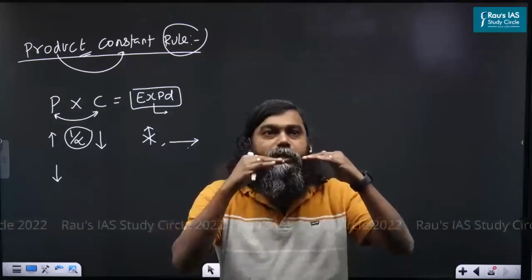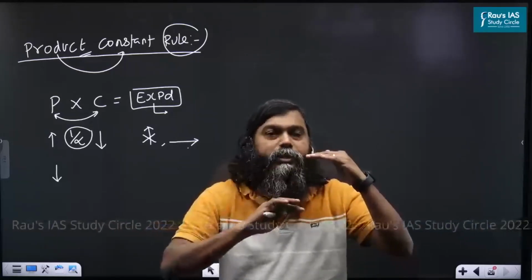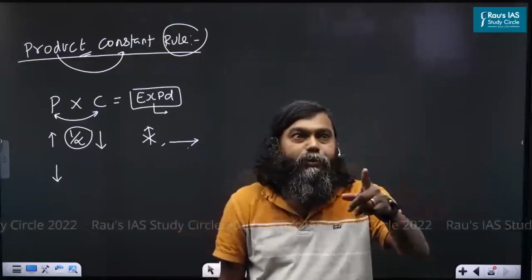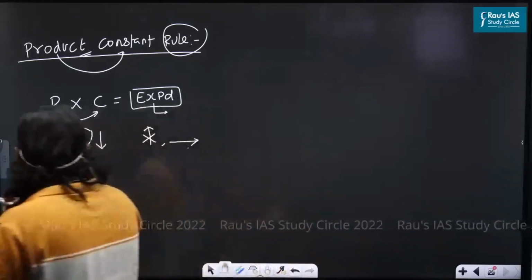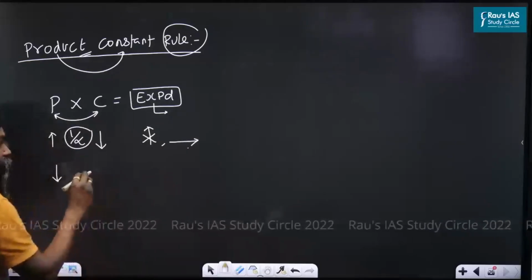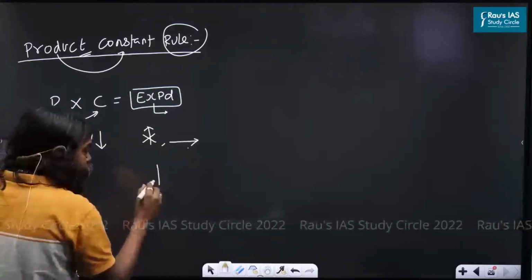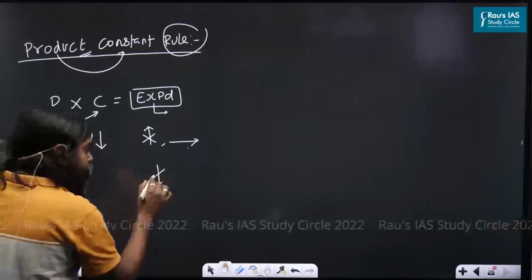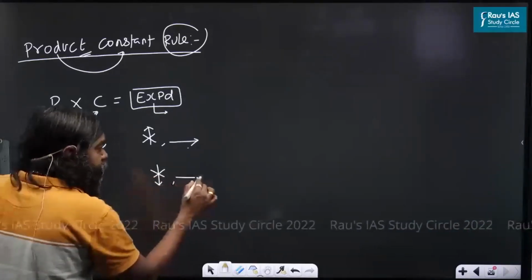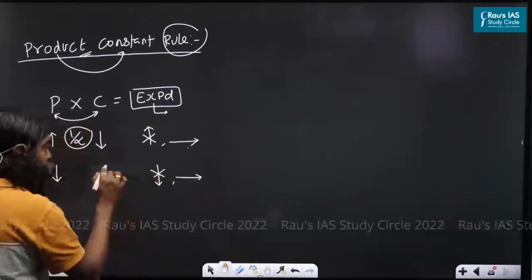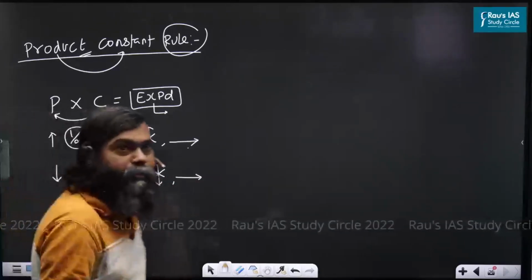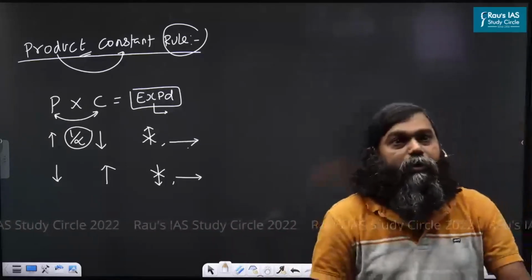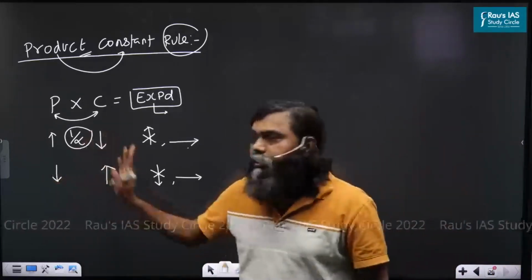That means expenditure is constant. Whenever price is decreasing, if you purchase the same quantity, your expenditure has to decrease. But the question does not allow you to decrease your expenditure, so expenditure is constant. Then you have to increase your consumption. So opposite direction, inversely proportional.